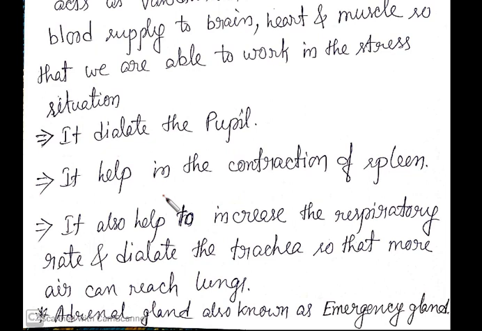Because in the stress situation, we need more blood, our vital organs, including our brain, including our muscles, our heart, all need more blood. So that's why the spleen will also contract to provide more and more blood to the main circulation of our body, right? Now next, the energy requirement is more during the stress condition. All of us, we have discussed it, all of us, we know that.